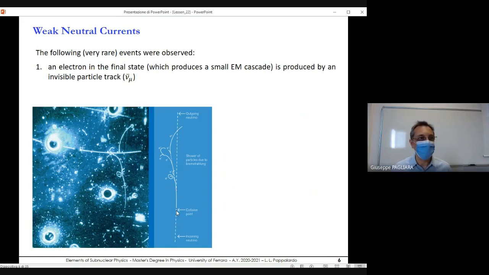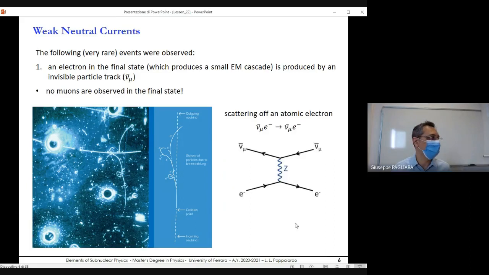But if a muon had been created here, this would have been a charged current process where the muon neutrino converts into a muon, with the emission of a W. Since we don't observe a muon in the final state, this cannot be a charged current process. This can only be a neutral current process, like the one you see here. So it is a muon antineutrino electron scattering, which occurs through the exchange of a Z. In the final state, we don't observe the muon, but nothing, because we don't observe the neutrino. Okay, is that clear?